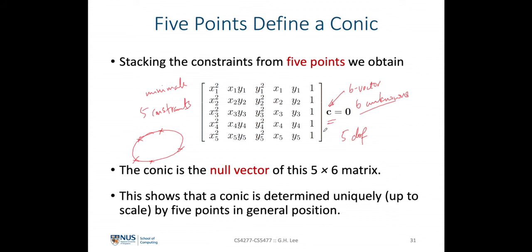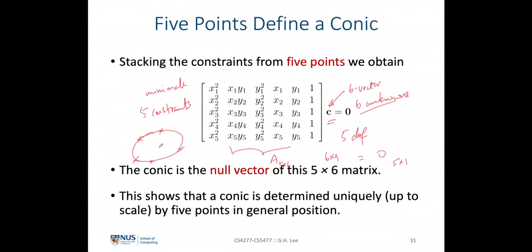And stacking this up together, we'll get a homogeneous linear equation where this A here is a 5 by 6 matrix, and C here is a 6 by 1 vector, and this would be equal to 0. What this means in linear algebra is that the solution C here lies in the null space of the matrix A here.